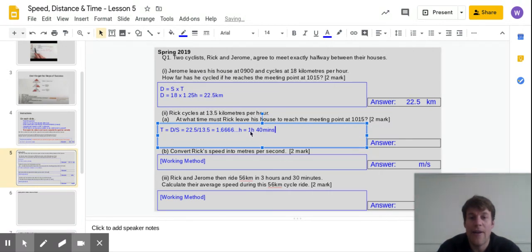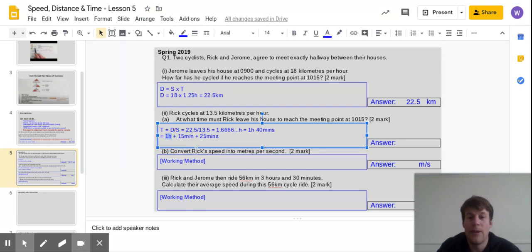And then you need to take an hour and 40 away from 10:15. Well, I might split that up into 1 hour, 15 minutes, and 25 minutes. Why have I done that? Well, because I can take away an hour from 10:15.